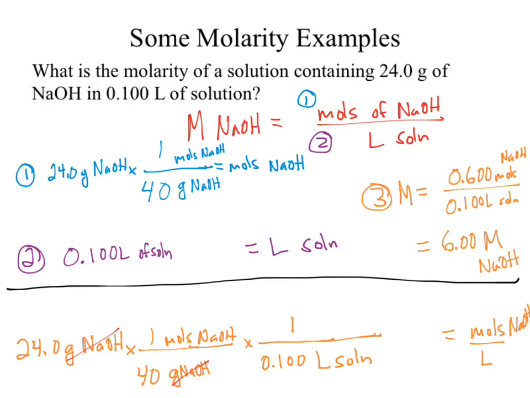If you compare the total calculations done in orange versus the calculations done for steps 1, 2, and 3, what's the difference? Step 1, what did we do? 24 divided by 40. What's the first calculation in our orange? 24 divided by 40. Step 2, we didn't do any calculations.